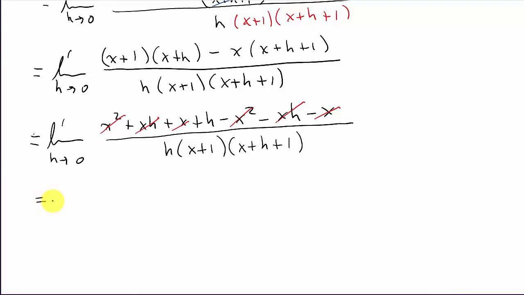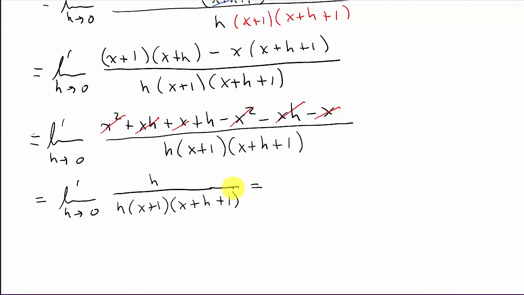So I am left with the limit as h goes to 0 of h over h times x plus 1 times x plus h plus 1. And the h's cancel, so I'm left with the limit as h goes to 0 of 1 over x plus 1 times x plus h plus 1.